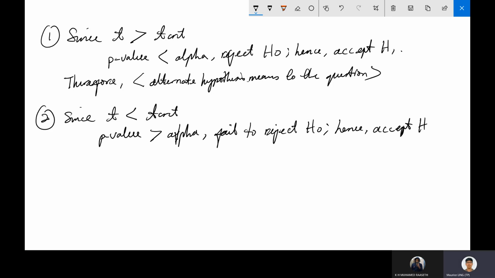You fail to reject means you have to accept. There's only two choices. Either you accept null hypothesis or you don't. That's why you have to fail to reject, then put accept. It's because you fail to reject that hence you accept. It's a sequential step.